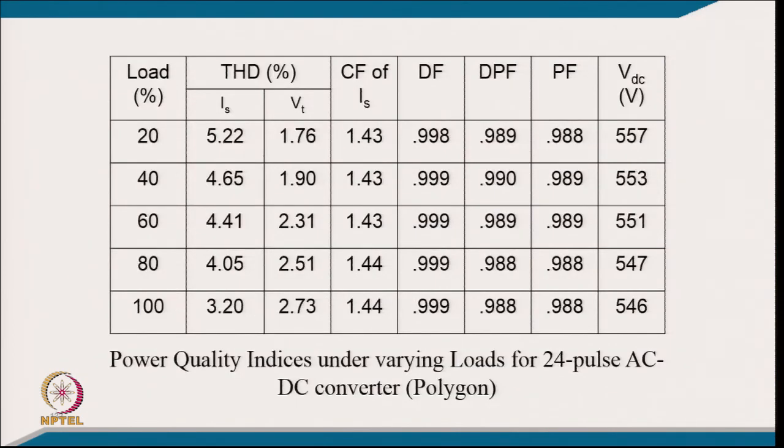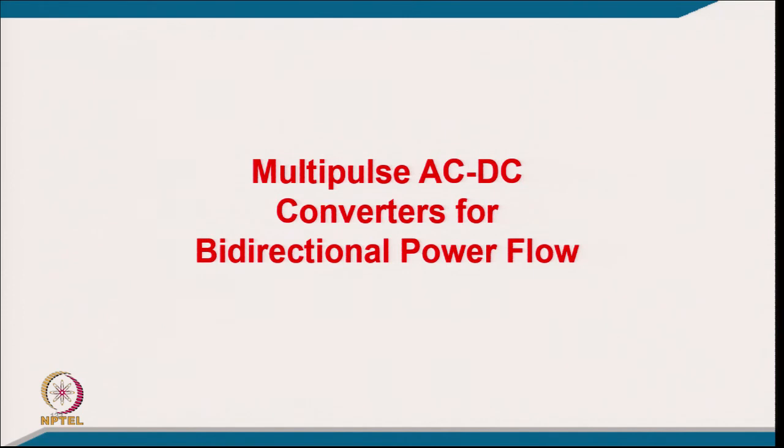And you are able to get the THD of the current. At light load and full load of this 24 pulse you are able to get typically 3.2% in place of 7.5%, which is just half because of the effect of leakage reactance of the transformer.